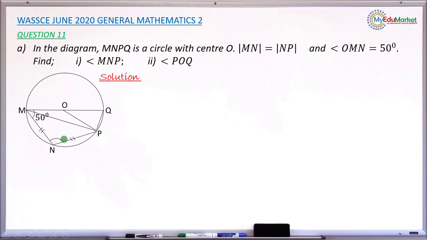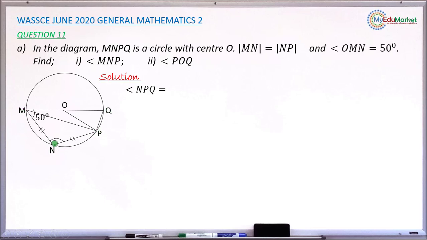So to find this angle, you have to have some other angles. Let me just attempt to get the angle NPQ. Look at this very angle. I can see that it is opposite to this given angle, 50 degrees.